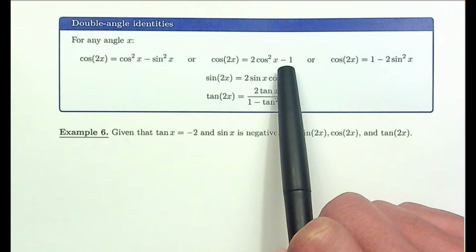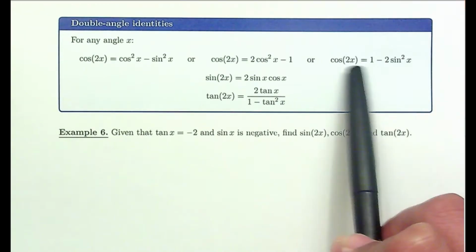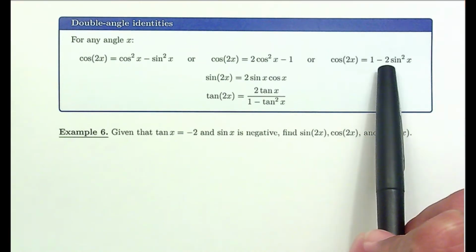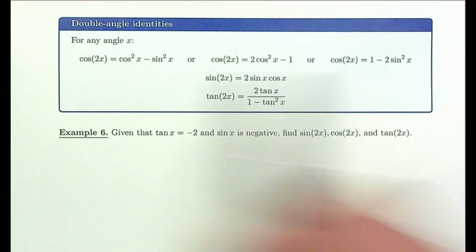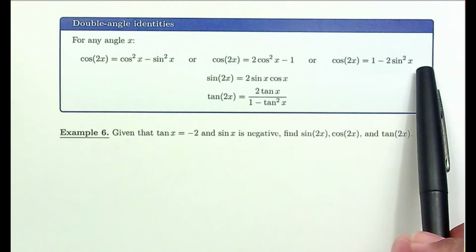However, if you have the sine only but not the cosine, then you may use this one because this identity expresses the cosine of the double angle using only the sine but not the cosine. And if you have both, then you could use any of the three, whichever you want.